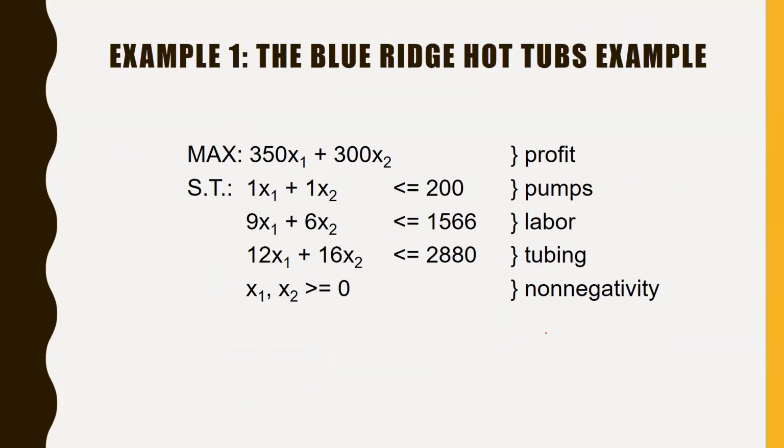For this case, this is the summary: your objective is maximum. And we have 5 constraints: the pump, labor, tubing, and non-negativity for x1 and x2, right? The number should be 0 or positive.